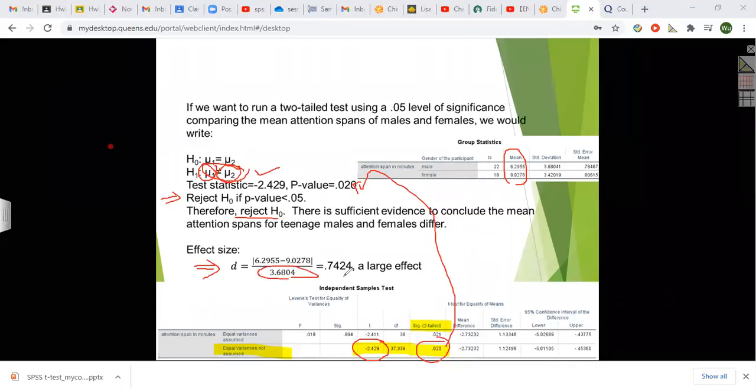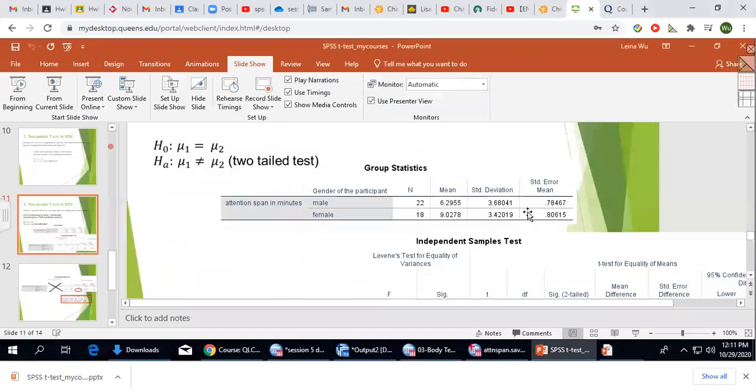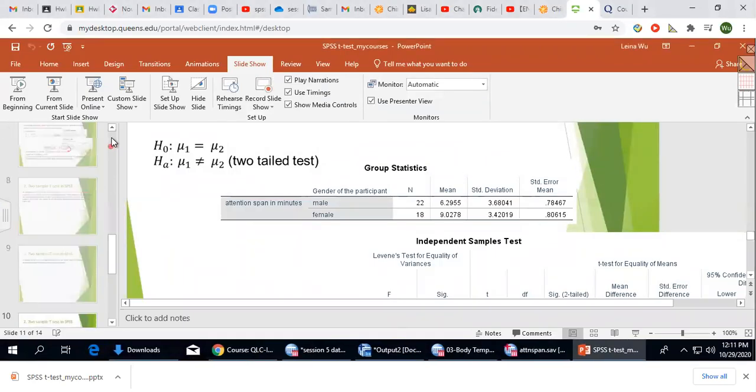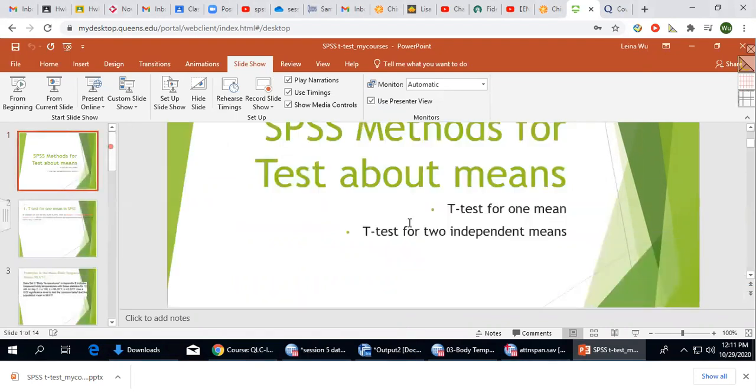So 0.7424, this is a large effect. That means gender does play a big role in terms of attention span. Okay, so that's all we have for the t-tests. There's the one-sample t-test and the two independent samples t-test.